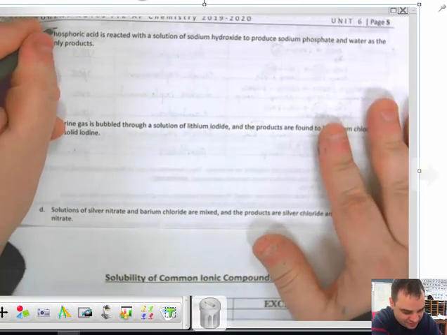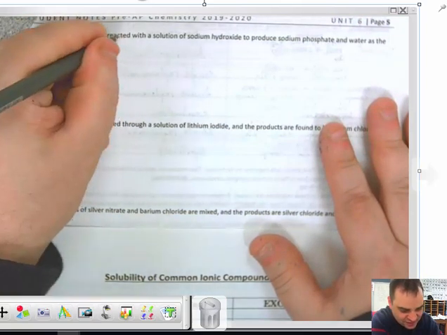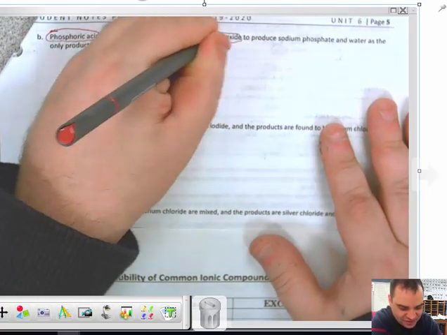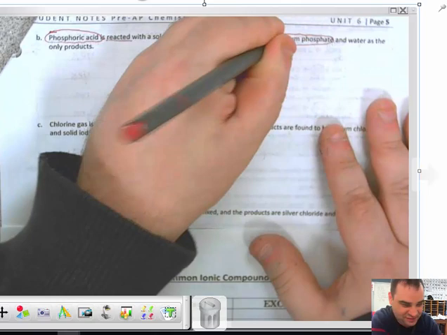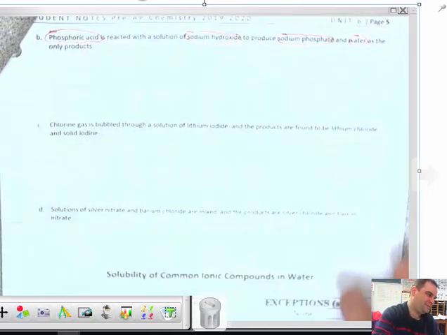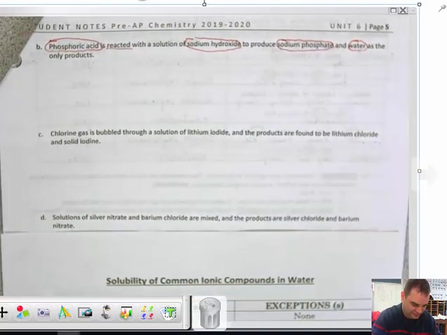Circle the chemicals. Phosphoric acid is reacted with a solution of sodium hydroxide to produce sodium phosphate and water. Okay. Here we go. Gotta start off with phosphoric acid.